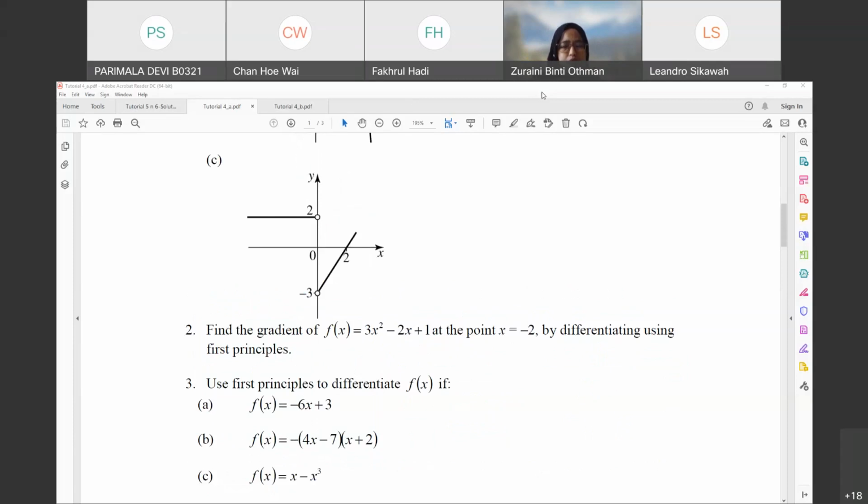Kalau first principle tu boleh nampak lah, maksudnya it will give you mungkin dia bagi satu jawapan yang menggunakan first principle, gantikan X campur H tolak FX macam tu, but dia takkan tanya soalan tu by using first principle.